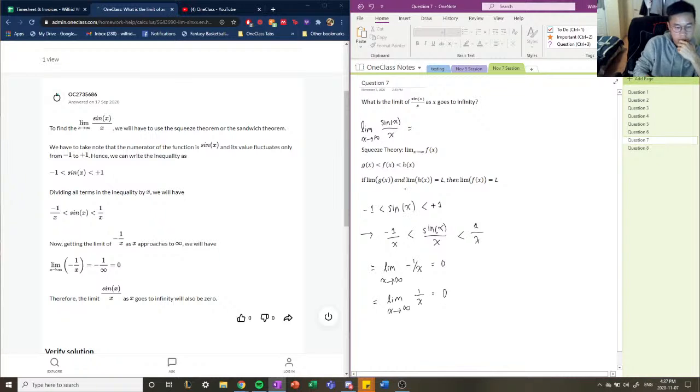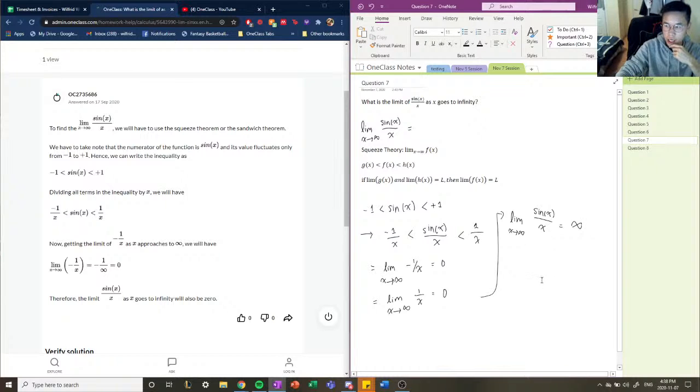So now that we see that the limit of -1 over x and 1 over x equals 0, then by the squeeze theorem, we know that the limit as x approaches infinity of sine x over x equals 0. So that's how the sandwich theorem works, or the squeeze theorem.